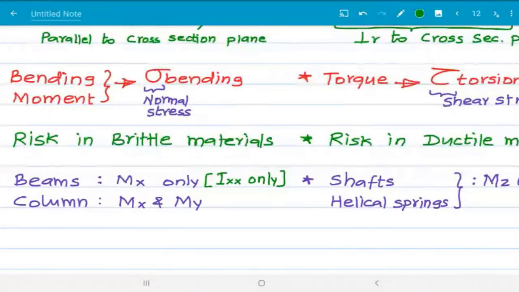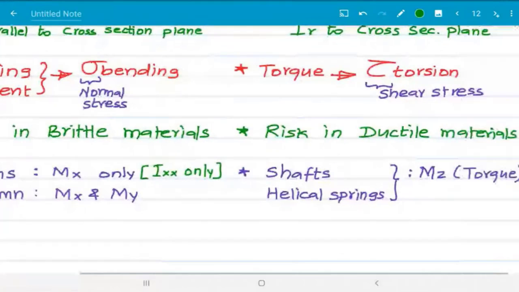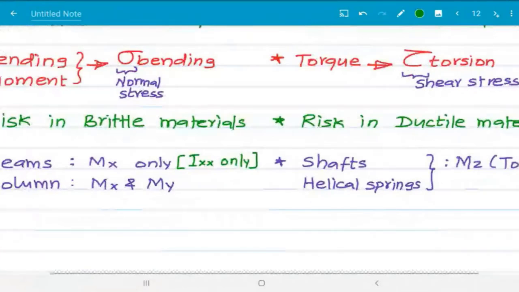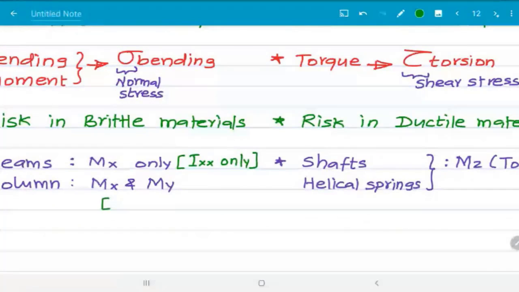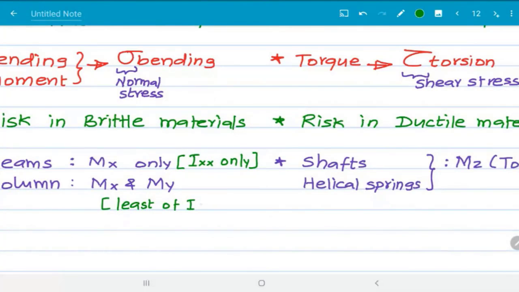We will discuss in detail. But in case of columns, we have to select the least of Ixx and Iyy.